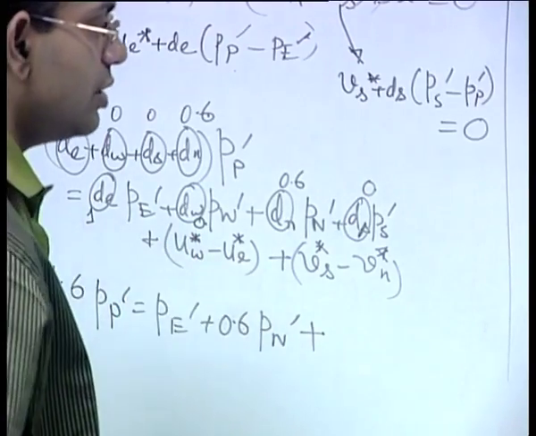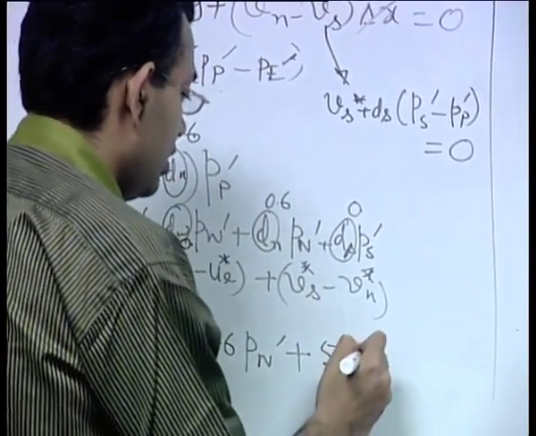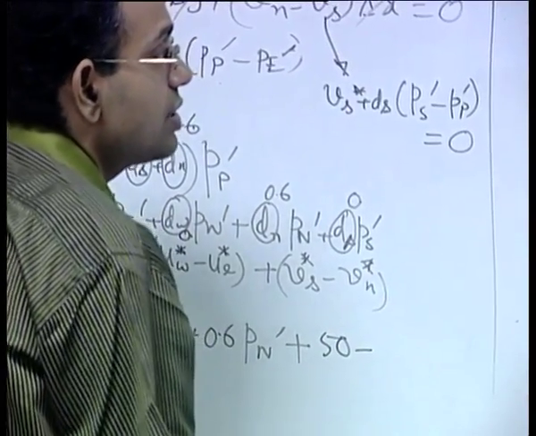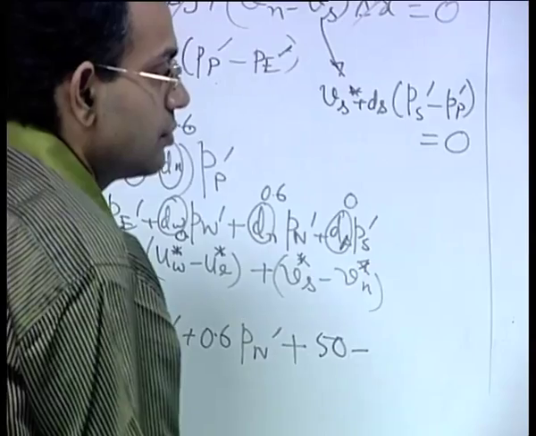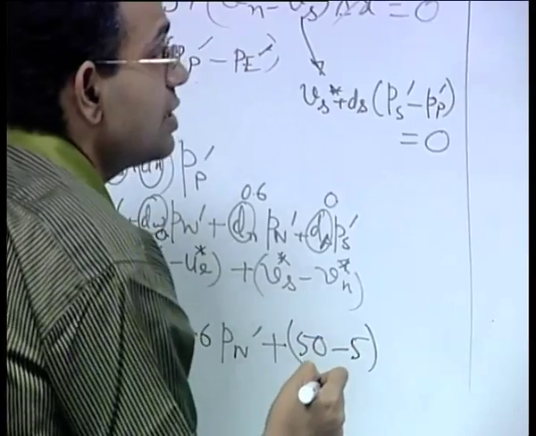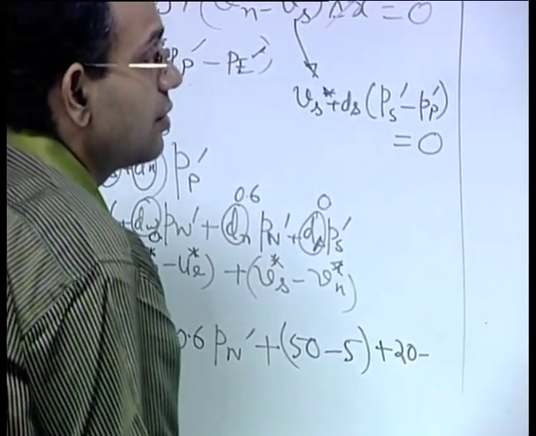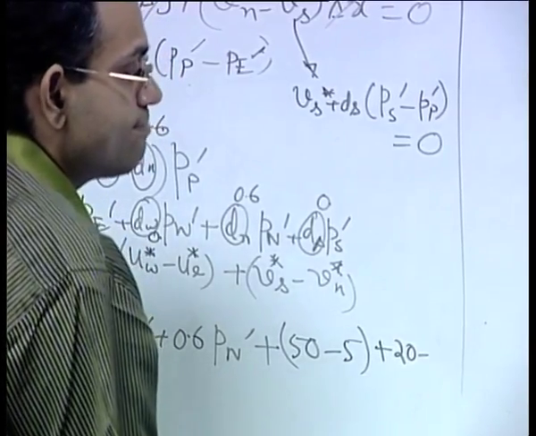What is uw star? uw star is given, that is 50, minus what is ue star? ue star is 5, plus vs star 20 minus vn star, vn star is 9.